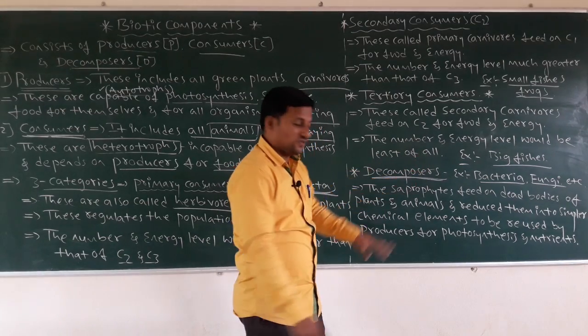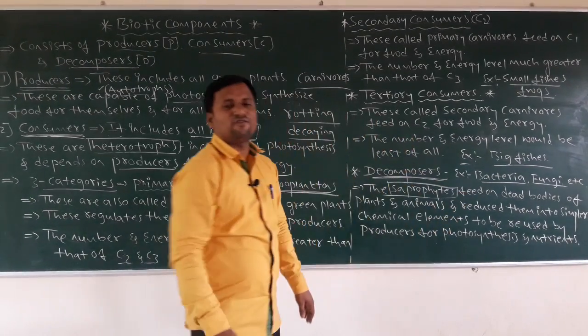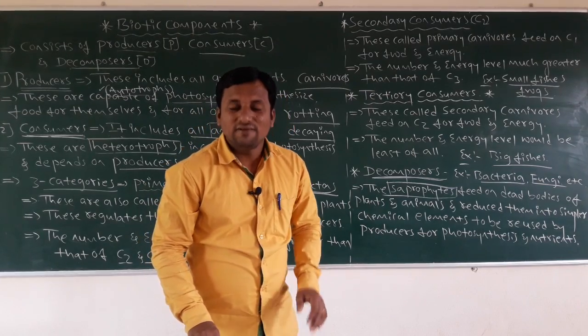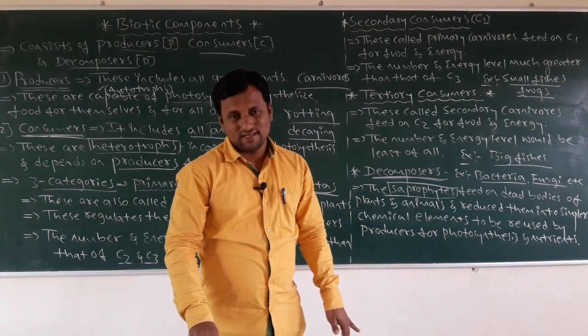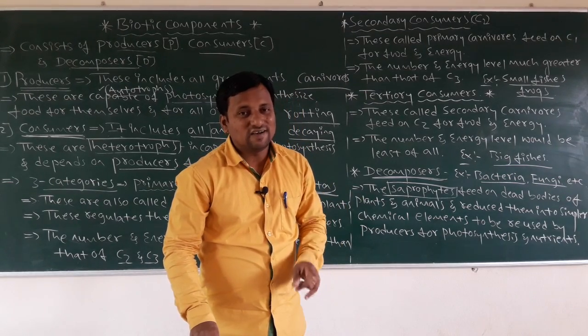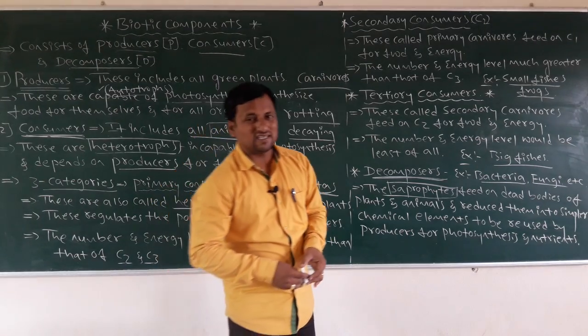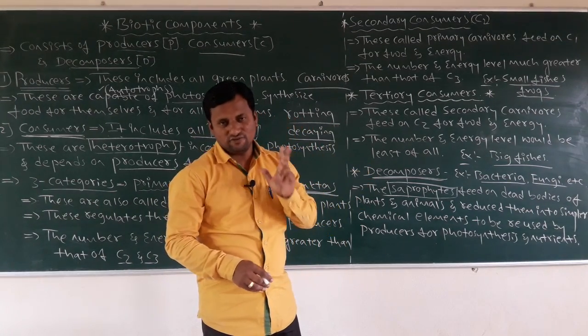Then, the decomposers are also called by another name, saprophytes. These bacteria or fungi which are involved in the decaying process are also called saprophytes. Remember this word, dear students, don't get confused. Saprophytes are nothing but decomposers.